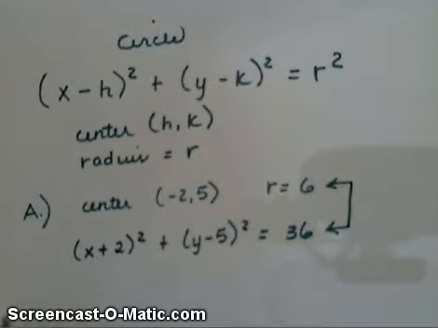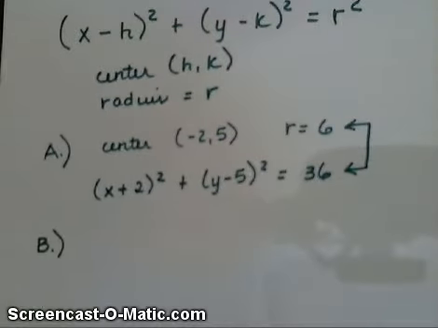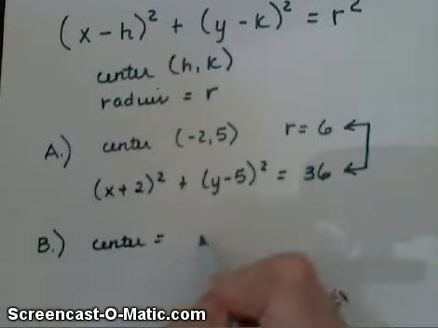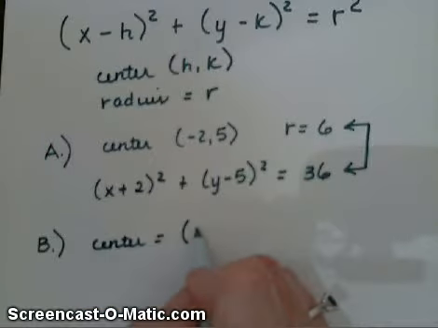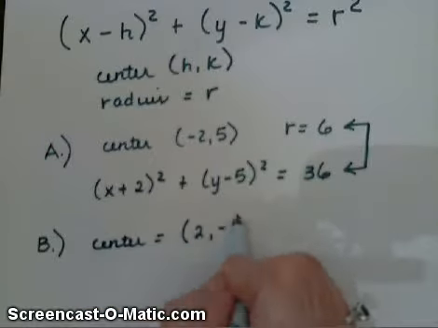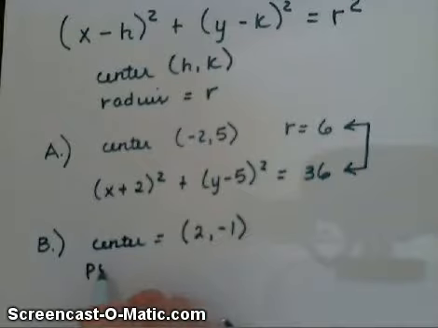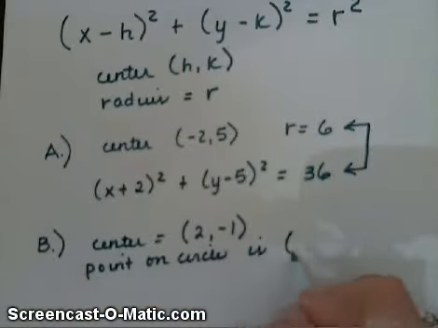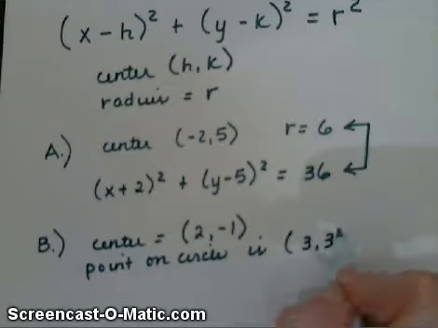Okay, second thing, you could be given a different version of this problem, such as the center of the circle is at 2, -1, and a point on the circle is at 3, 3.